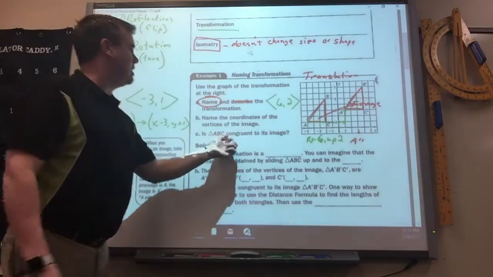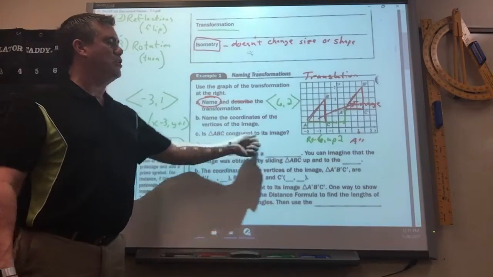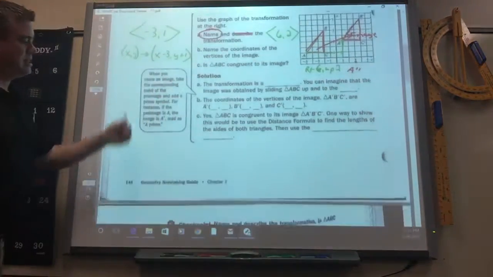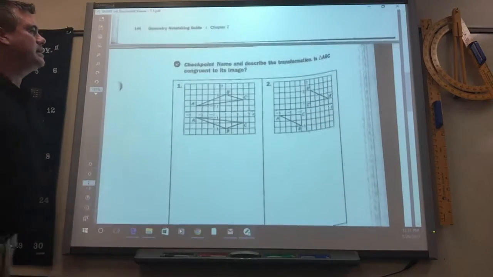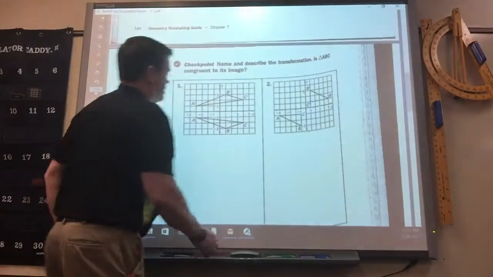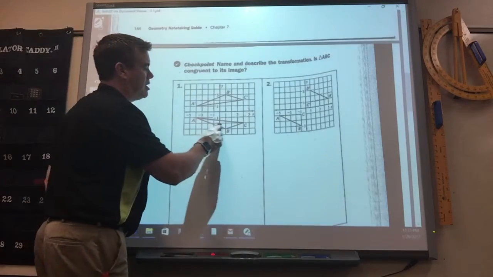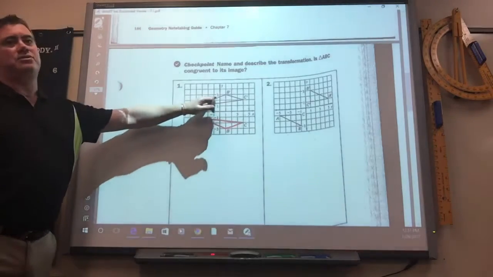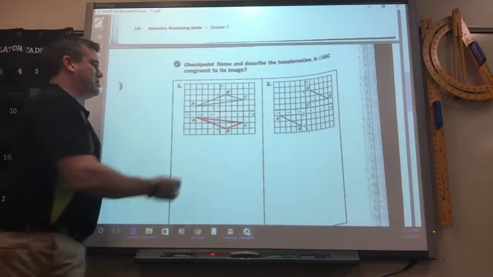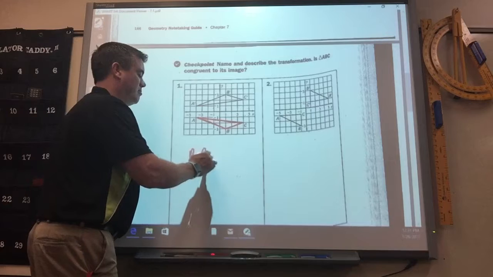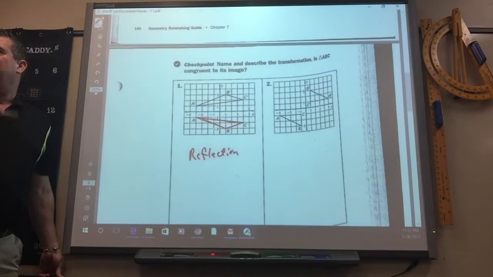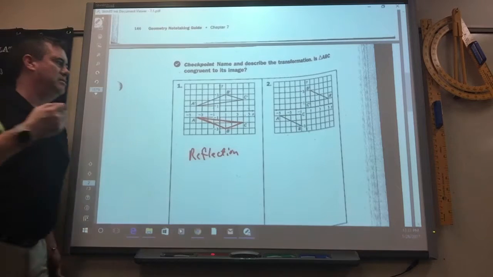So here they ask, is triangle ABC congruent to its image? Yeah, it's an isometry. Here is the original ABC. Here is the image. It is a reflection. Again, today we don't have to describe it, but eventually you are going to.